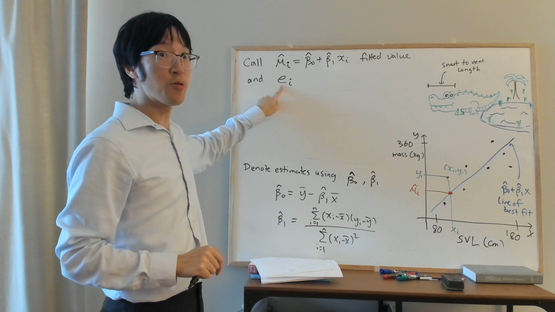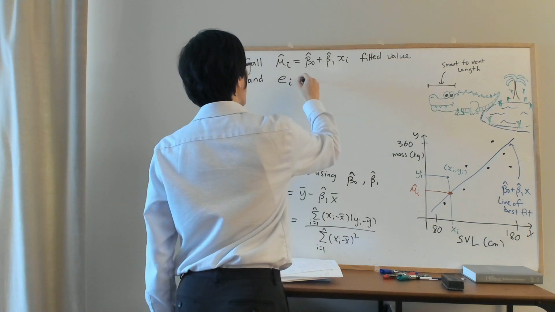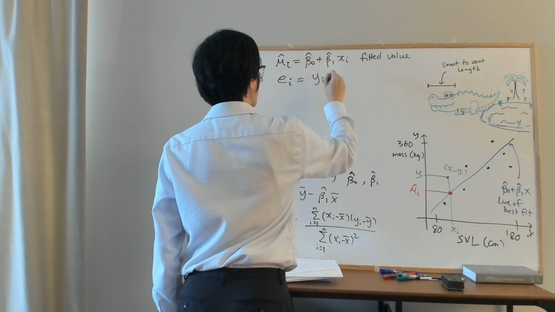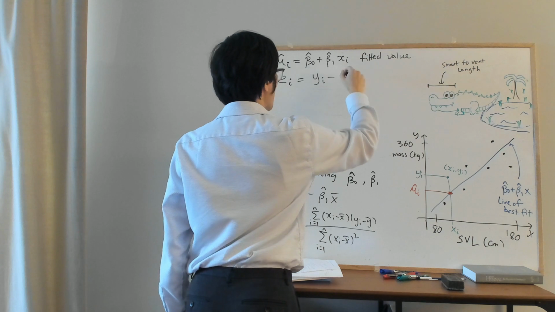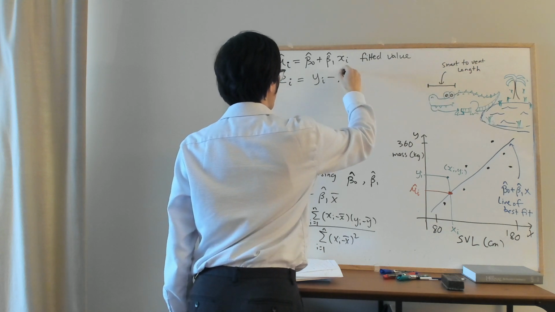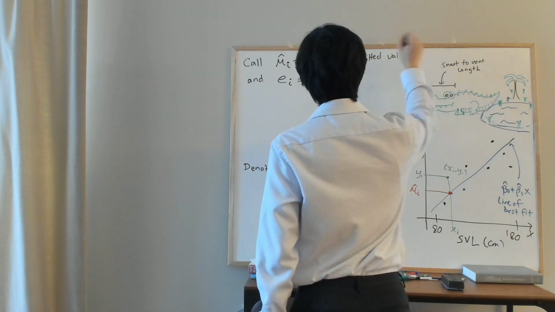So this is the actual residual from the data for the ith data point. We take the actual observed value of the response variable yi and subtract the fitted value mu i hat. So this is called the residual.